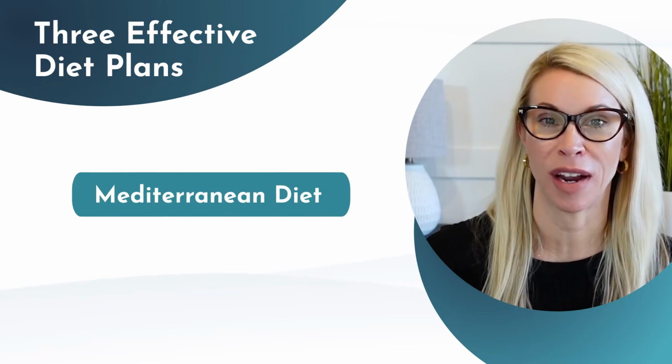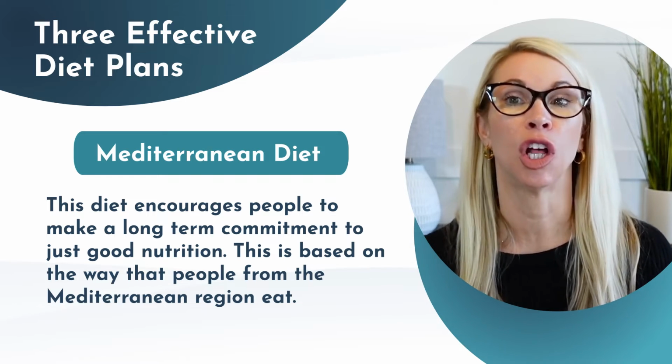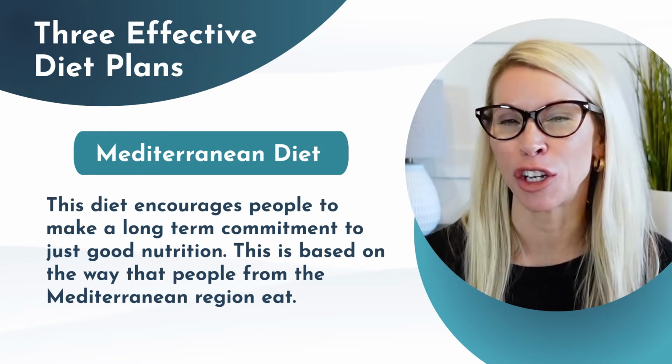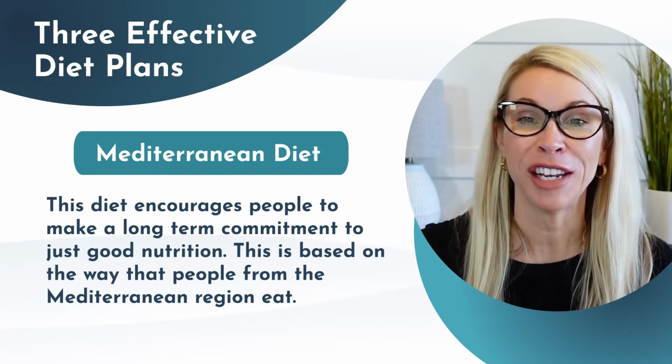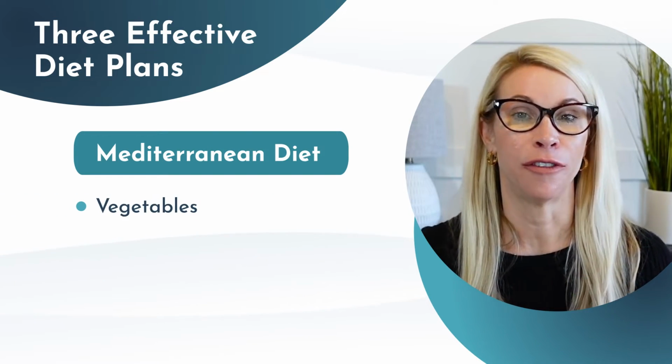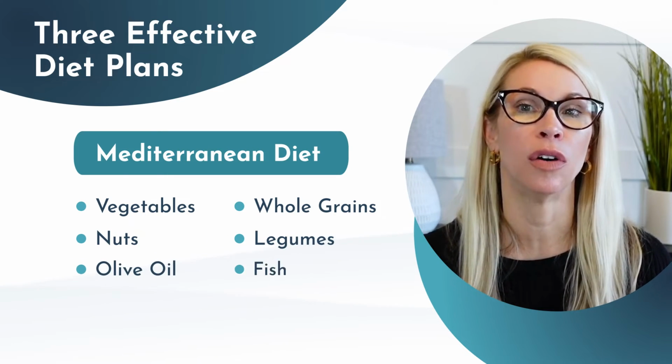The last diet I want to highlight is the Mediterranean diet. Now, this diet encourages people to make a long-term commitment to just good nutrition. This is based on the way that people from the Mediterranean region eat. This diet emphasizes vegetables, whole grains, nuts, legumes, olive oil, fish, and seafood.